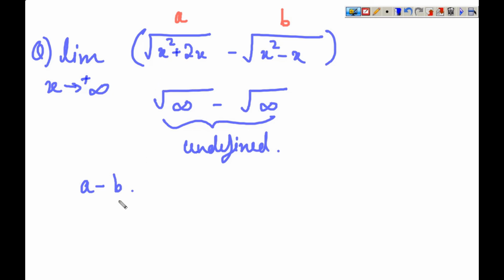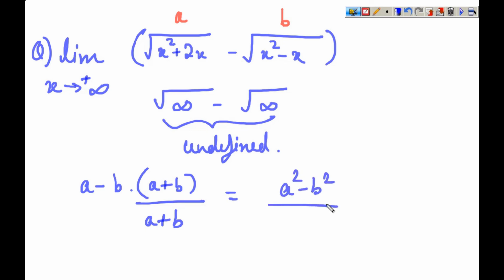So let's see how to do that. We have A plus B. What if I multiply by A plus B and also divide by A plus B? That is 1, so it will still be A minus B. That means (A² − B²) divided by (A + B) gives me the same thing. So let's try doing that.